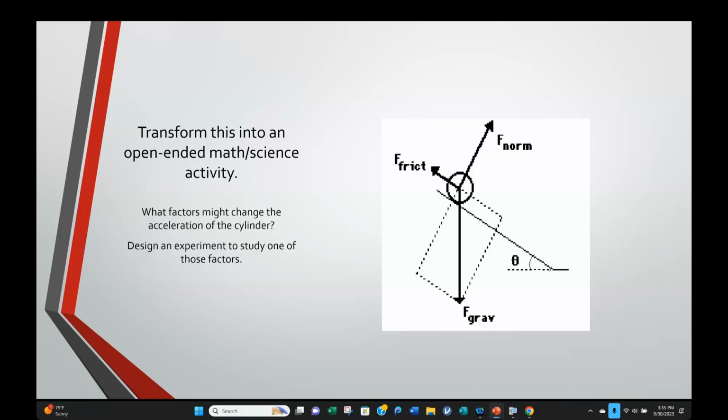The factors could be the different amount of push, or the different angles of the ramp, or the different diameter of the cylinders, or the different weight. And you get some interesting results.